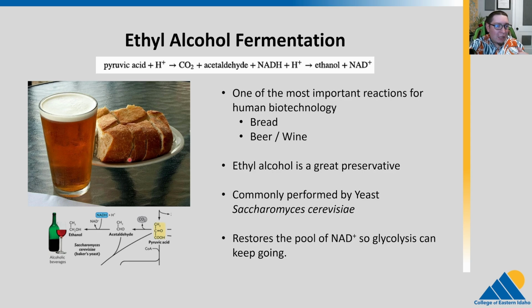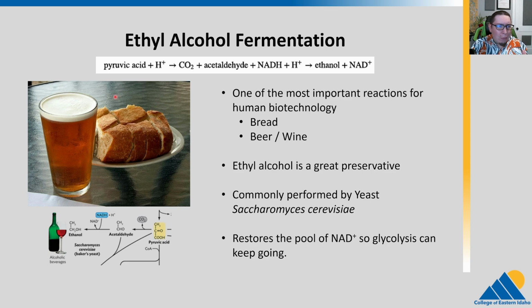So we can produce these things, and the ethyl alcohol in here is a great preservative, but in your bread, there's no ethyl alcohol left over. It actually gets baked off. So there, one of the side kind of waste products, effectively, of this reaction is important.